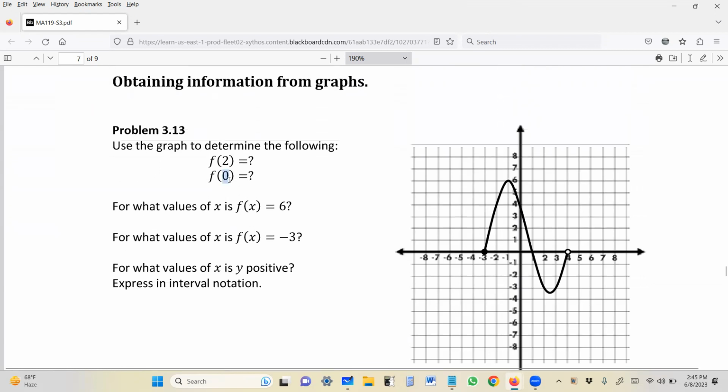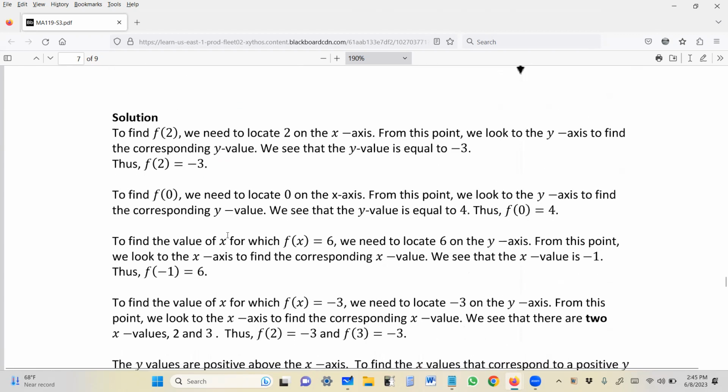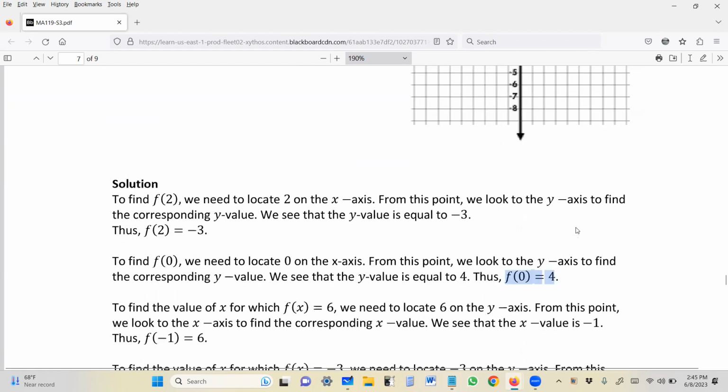For the 0, you go to x equals 0. And then for the question mark, you go where the graph is, which is right here at 4. So f of 0 is 4. Okay?